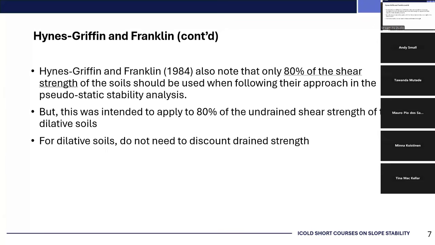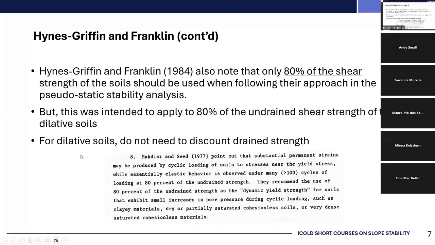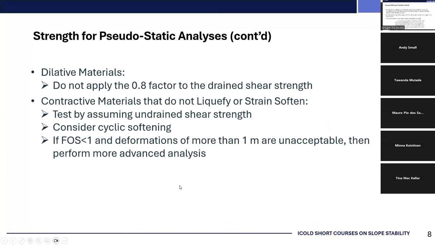And then you may have pore pressures generated by virtue of the earthquake. The two offset each other. And at the end of the day, Duncan and Wright say you do not actually need to discount the drained strength. So fundamentally, don't apply the 0.8 factor.